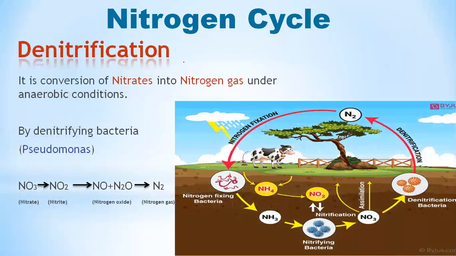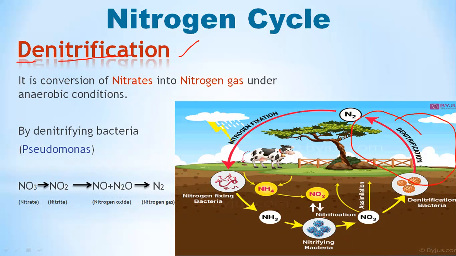The last step is denitrification. Nitrification we have seen. Now these nitrites and nitrates will change into atmospheric nitrogen, and nitrogen will be released into the atmosphere again in the free form. So here is the denitrification process.